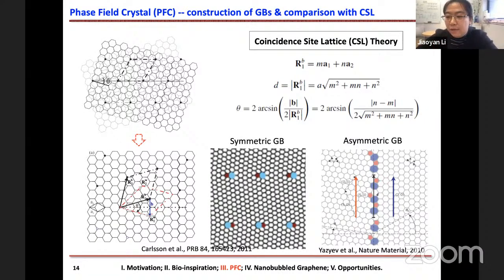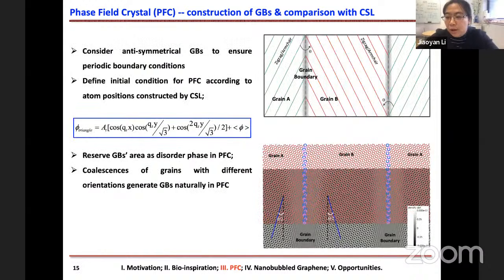If the two grains have an identical matching vector, we can construct the symmetric grain boundary. But if we choose different matching vectors, we are able to construct the asymmetric grain boundary. We're going to compare the grain boundary constructed by the phase field crystal model against the structure constructed by the CSL theory.